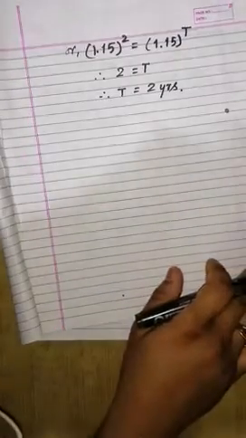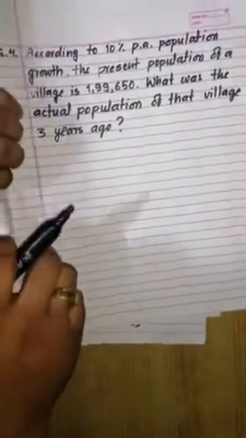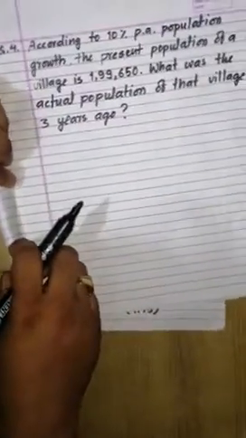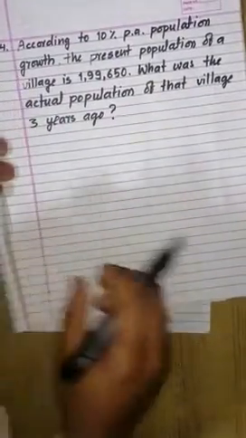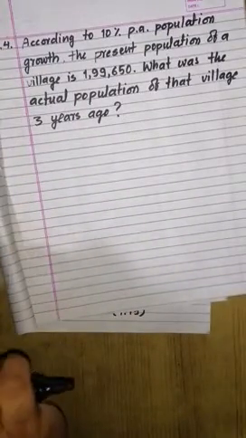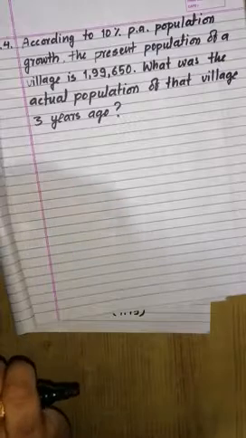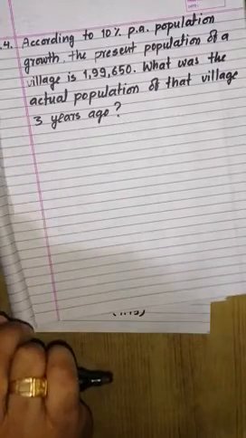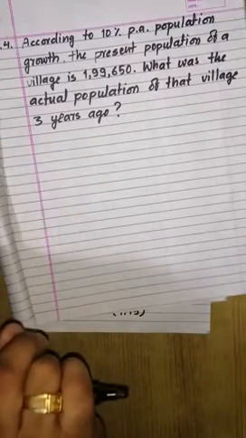Now after talking about this example, let's talk about the next and last example in this chapter. We found population after certain years, we found rate of growth, we found time duration.